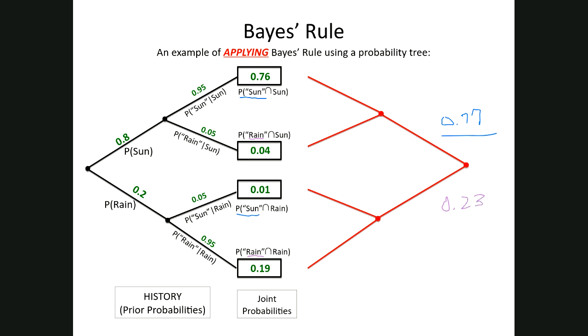And this is the probability of the forecast being rain. I'm going to abbreviate that. And in this case, this is the probability that the forecast, in other words, in quotes, was for sunshine.